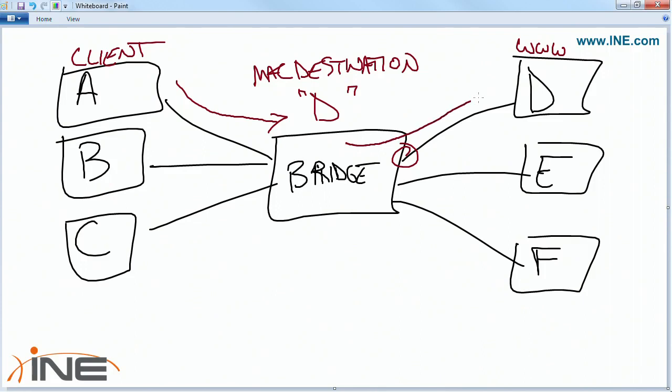So then the traffic goes in that direction. Now we'll talk about the specifics of how it knows that the MAC address is on that port. And ultimately, when we look at the switches, there's ways we can verify what are the addresses that these individual hosts are assigned, and how is the bridge or the switch going to decide, when traffic comes in one port, how do we know to send it out this one versus the other one?